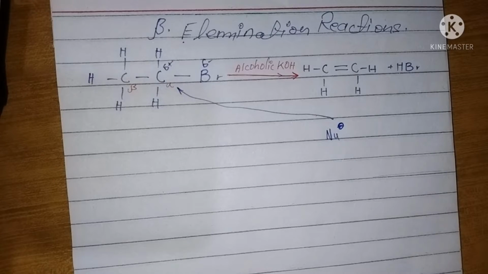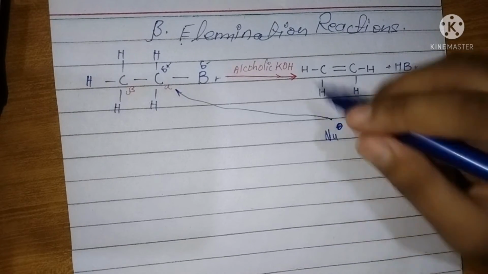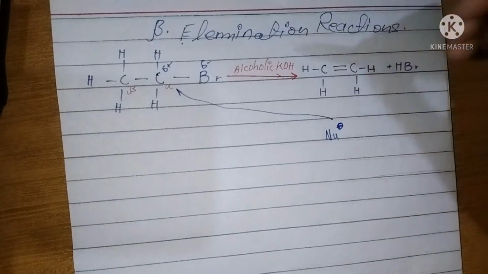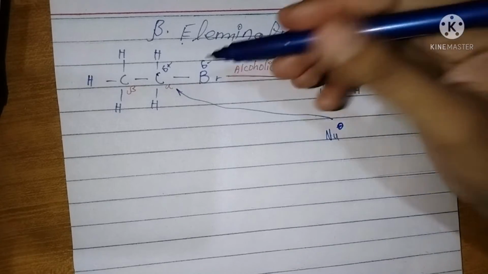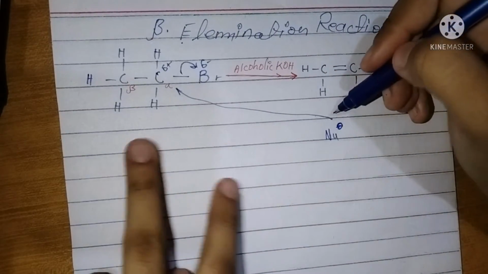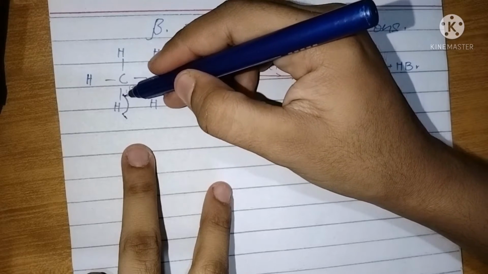Sometimes this nucleophile is going to attack this hydrogen, and instead of just removing the halogen, it will attack this carbon's hydrogen and remove this as well.